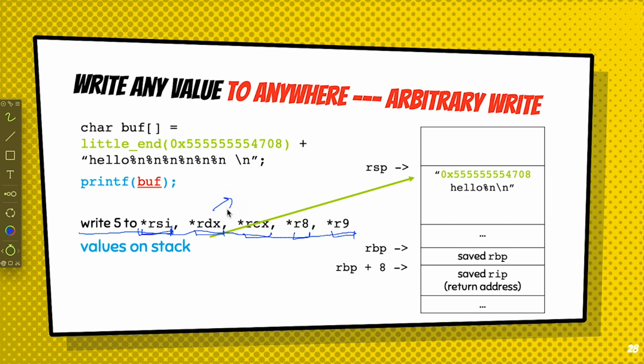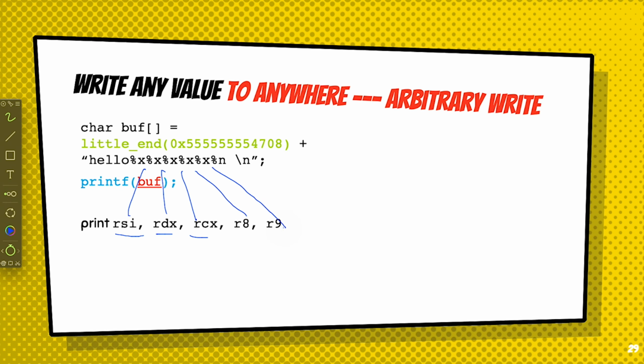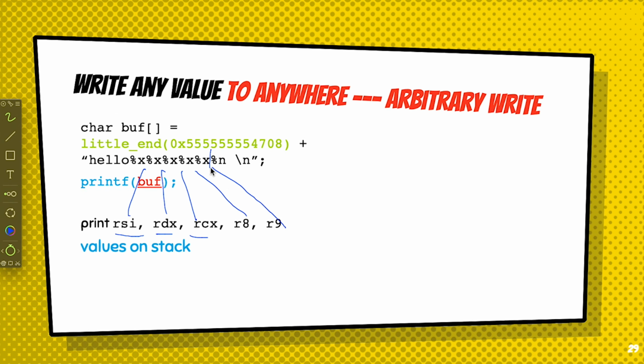Avoiding this is actually pretty easy. All you need to do is change from %n to something else. You can just make it %x. Those %x will just print the value from RSI, RDX, since they correspond with each other. And then for the last one, %n, it will go to the values on the stack.